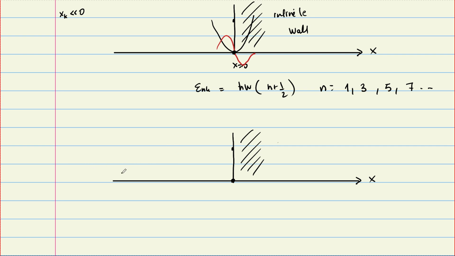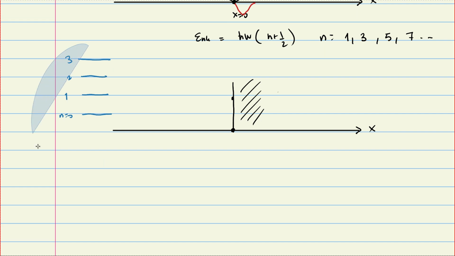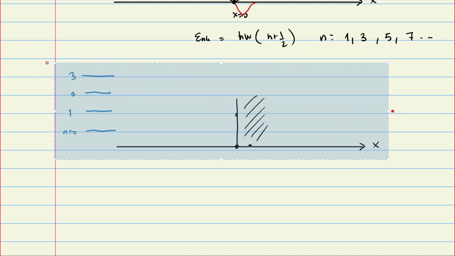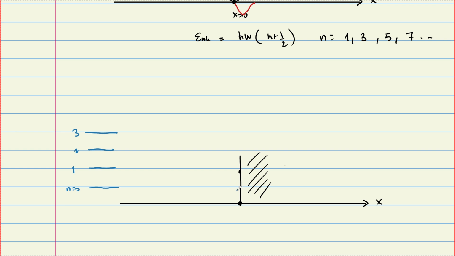If I'm deep inside the sample, I have all levels allowed: n is equal to 0, 1, 2, and 3. Let me shift this a little bit. But here I don't have all values allowed. Let me copy this and show which ones I should discard.